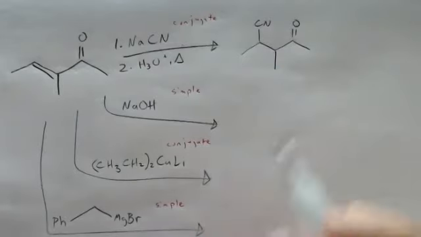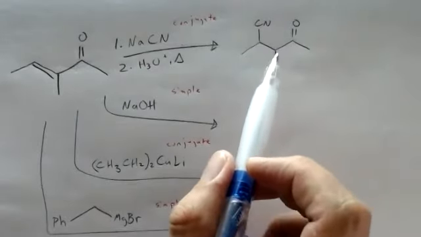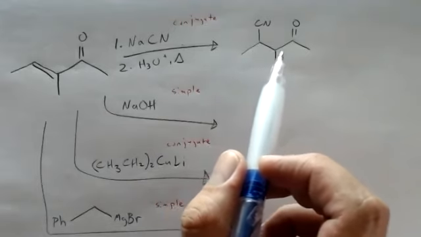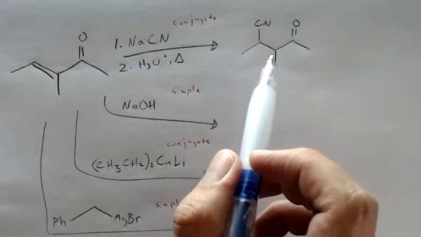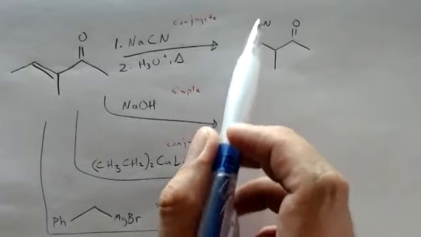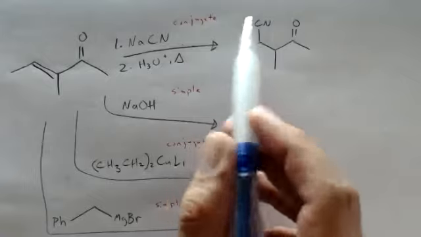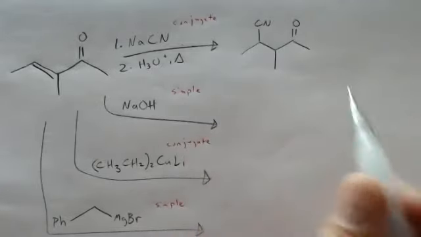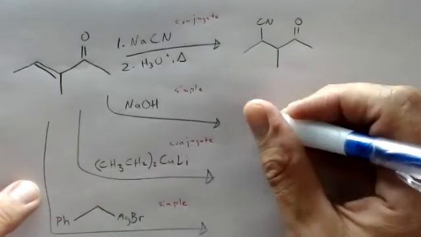So essentially what's going to happen is you can kind of think of it like an anti-Markovnikov addition to this double bond, at the beta position. You can think of it that way. However, these ones are going to do simple additions.